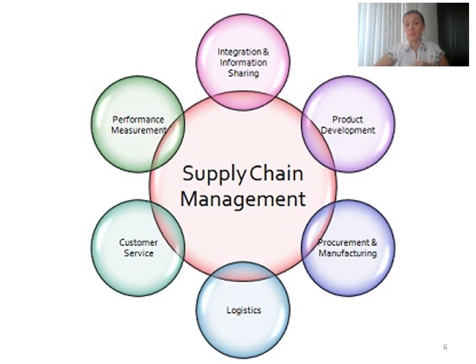Then you have product development, which is also part of the cycle, and it can be improved based on the information from the results in the market. Then procurement and manufacturing, how those products that were developed will be produced. And then logistics will take those products to the market. And then customer service, what happens after we deliver the products.